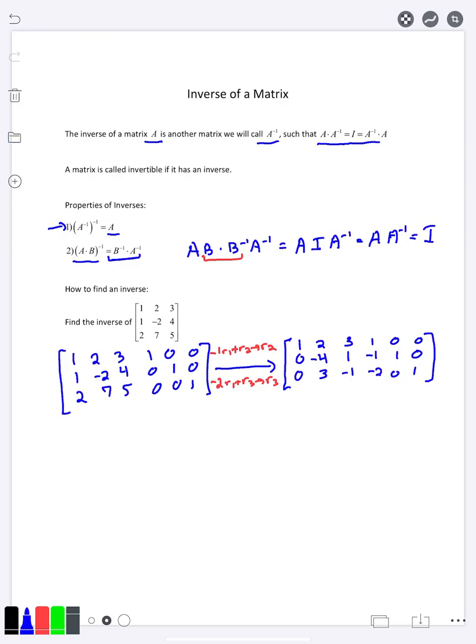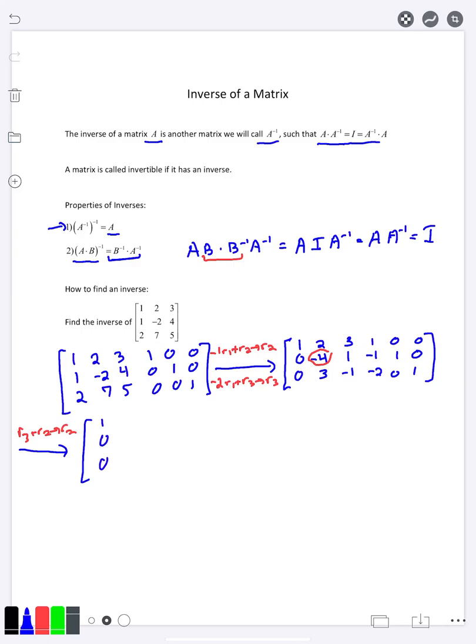Now, I need to get a 1 in this spot here. Dividing by 4 would cause us to get a fraction in that row, multiple fractions to be honest. I don't have a 1 below it that I can swap rows with, but there is something a little clever I can do here. I'm going to go ahead and add row 3 into row 2 first.